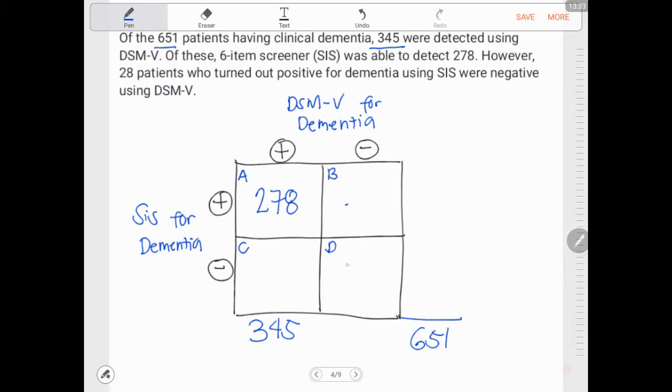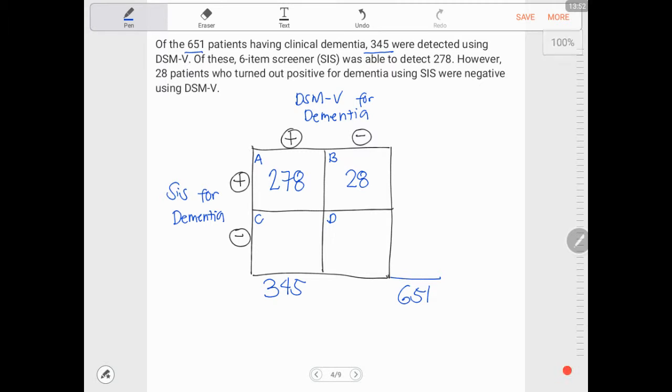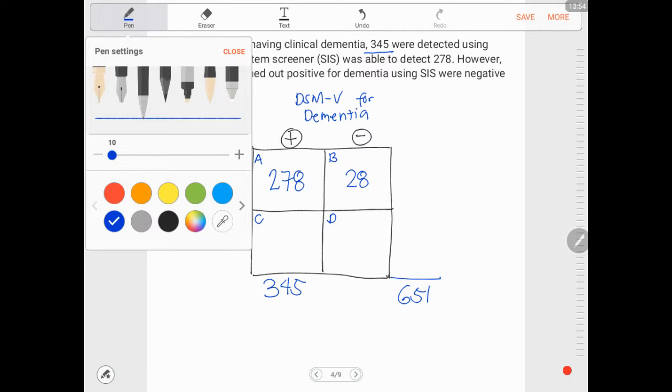Dito sa B or dito sa D? Had to be sa, kasi turned out positive for dementia using SIS but negative for DSM. Natural, letter B. So, we put number 28 here. Okay. All the rest you have to fill in na. So, let's fill them in na.